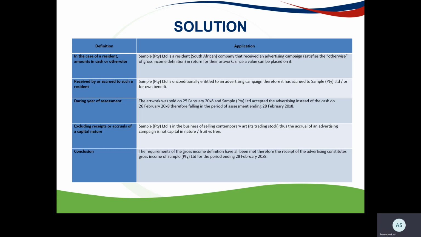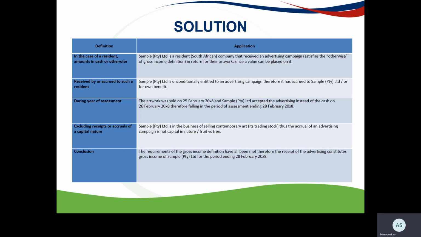They received the advertising campaign of 10,000 Rand, and then received by or accrued to such a resident. And Sample received the advertising campaign, or was entitled to the advertising campaign. So it has accrued before they received the benefit of the advertising campaign.